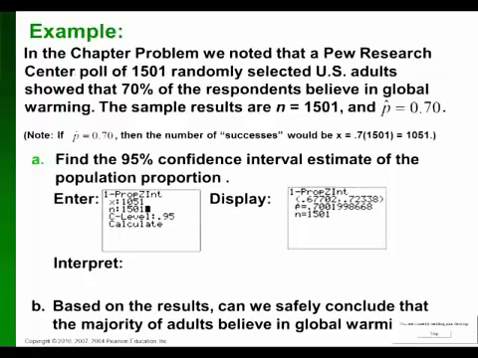In order for me to construct a confidence interval, you have to give me either the number of successes or the proportion of the sample and the sample size, so that I can multiply those together and get the number of successes. And then the sample size and the confidence level.